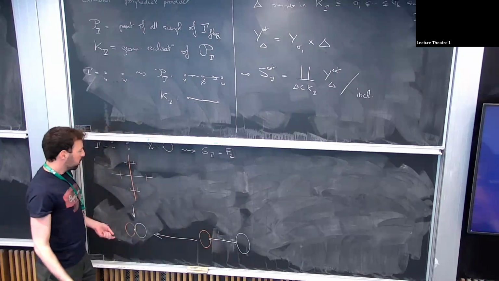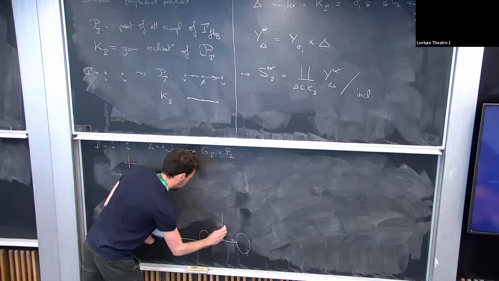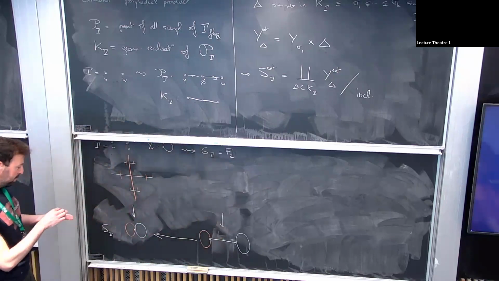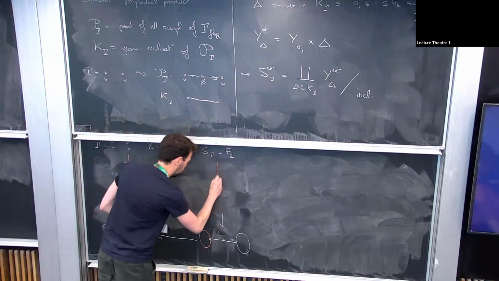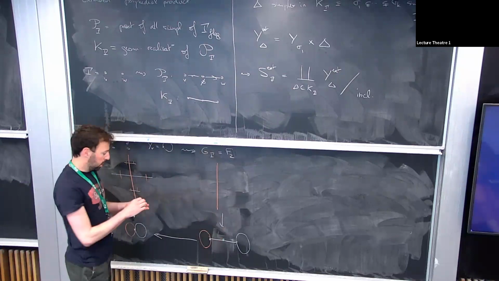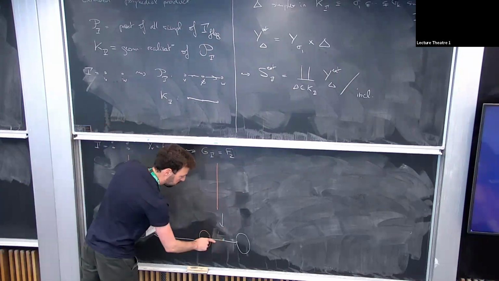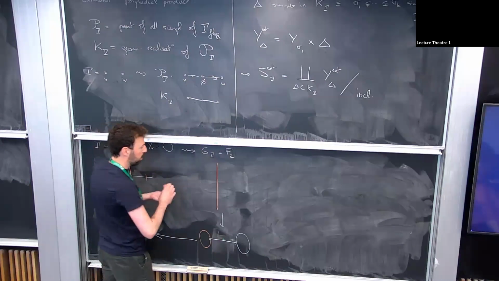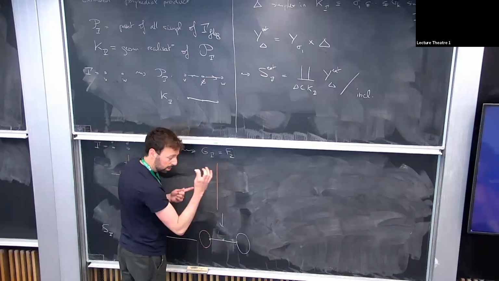Okay, and in terms of universal cover, I'm going to draw it as well because the picture is even funnier to draw. I'm still seeing a lift of the orange one gives me a line here. Because I'm seeing those lines at each point, you have to think in 3D now.